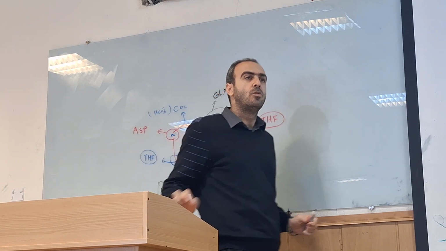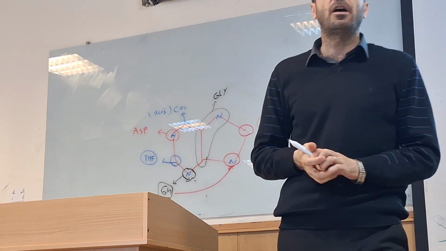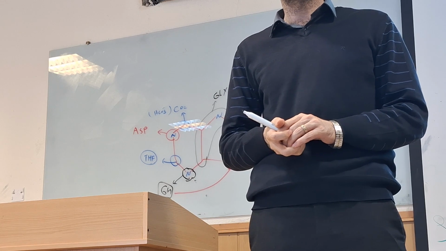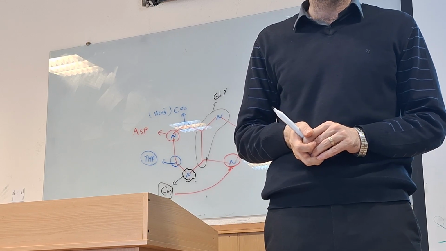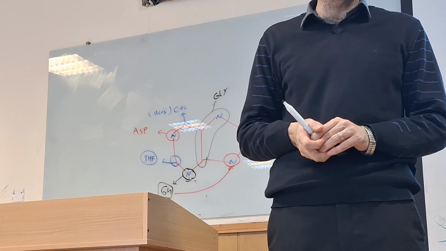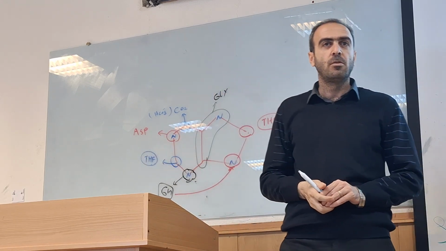So, which one of the following amino acids is not used for purine synthesis? Glutamine, glutamate, glycine, aspartate.